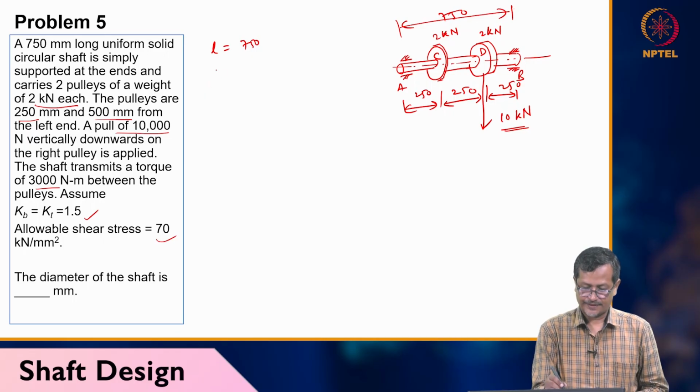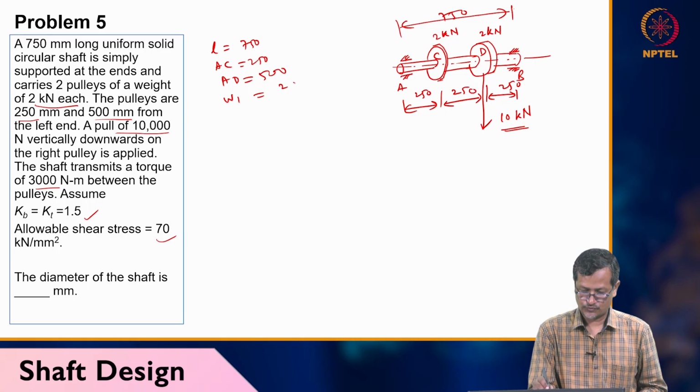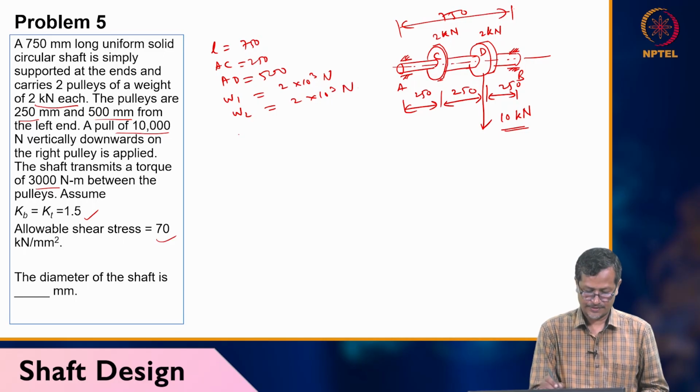750 millimeter. AC equals 250 equals a, given in the problem. AD equals 500 millimeter. W1 equals 2 into 10 power 3 Newton. W2 equals 2 into 10 power 3 Newton.